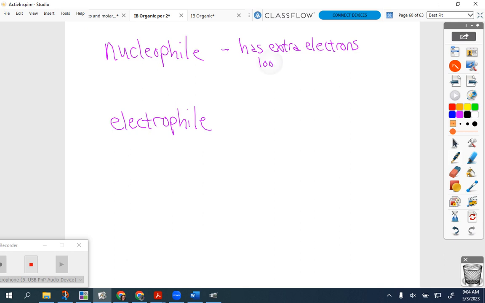Looking for a nucleus that needs them. Something with a partial positive charge, ideally, that's looking for something that needs its extra electrons. Have extra electrons, looking for somebody who needs them.